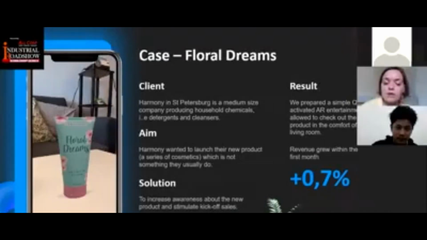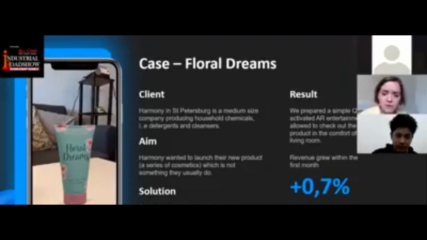The cream's name is Floral Dreams, and they just wanted to make sure people knew about the product. They turned to us and we suggested developing an AR campaign, augmented reality campaign. We had QR codes on every product they produced, on their original products.